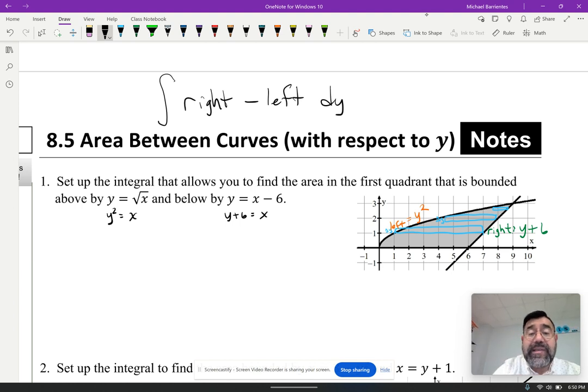But what that means is these are y values. So I used to go from starting x to ending x. Now I need to go from starting y to ending y.